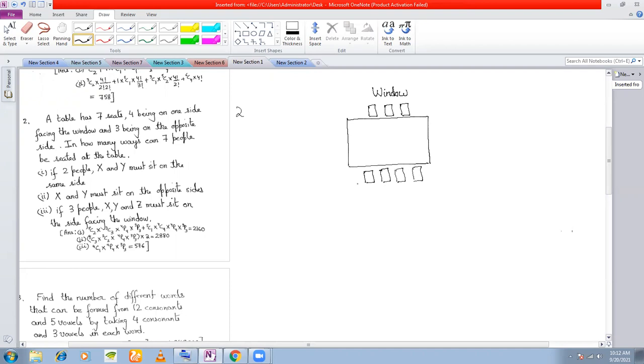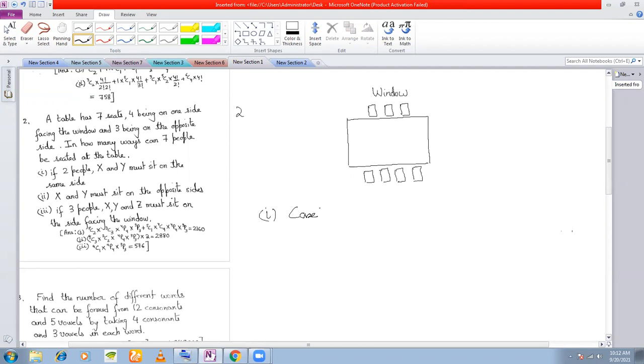In how many ways can 7 people be seated at this table? So 7 seats are there. 7 people can be seated at this table. But in what ways? Look at number 1. If 2 people X and Y sit on the same side, that means either this side, not facing the window, or this side, facing the window. So let us consider the first case.